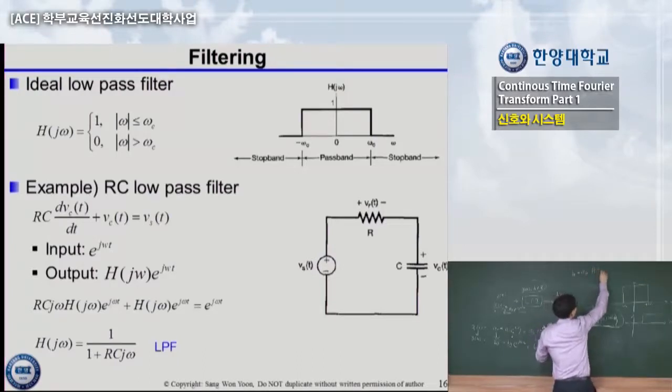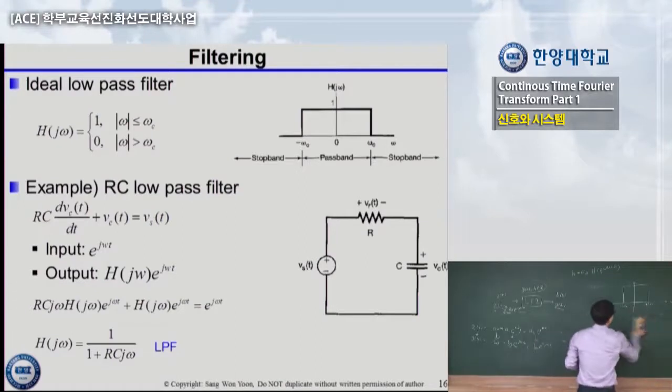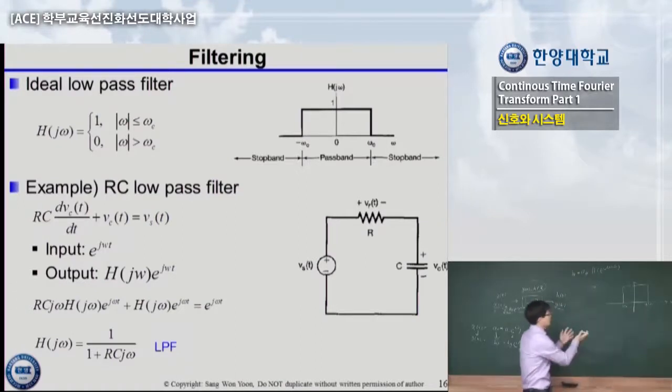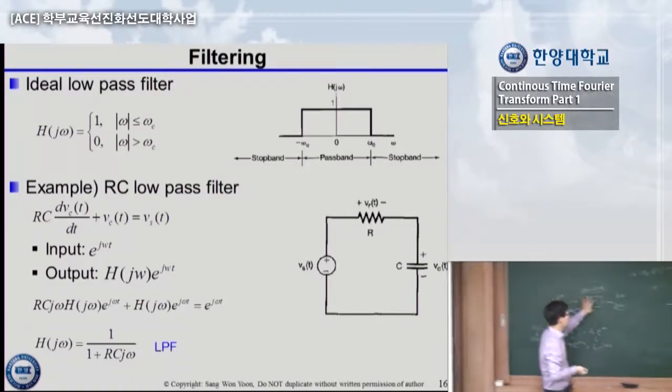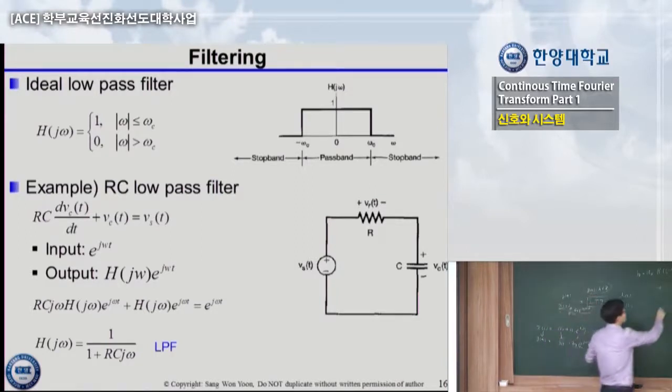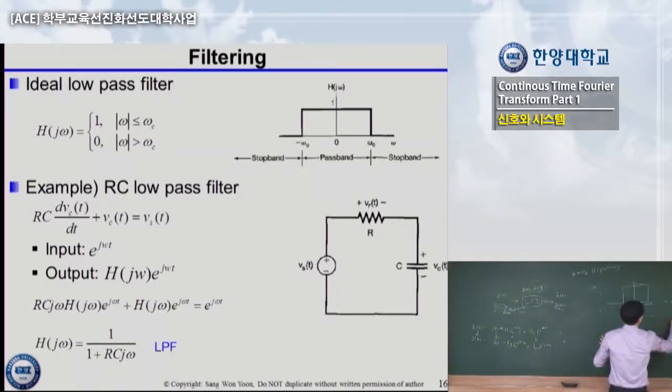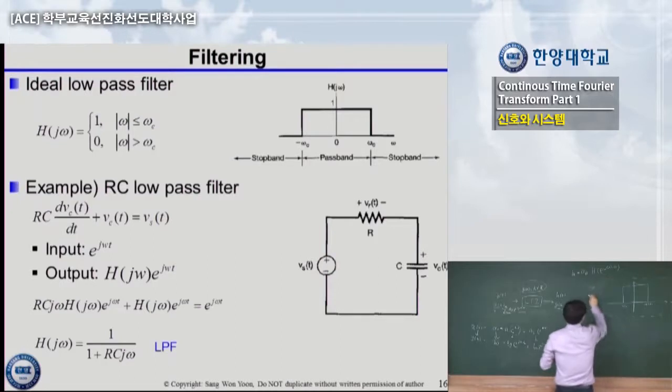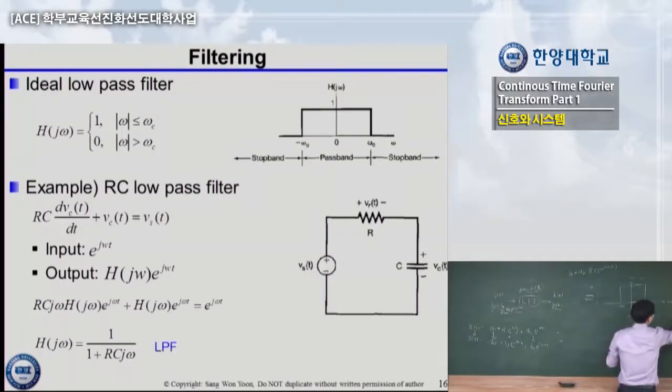H(e^{j omega 0 k}). Note that there's no t. Let's say we already know that we have this system. Our system is a low pass filter. So this is our system. Assume that you have an input and you can find the output.